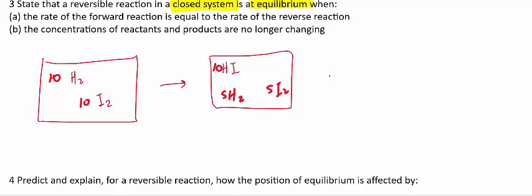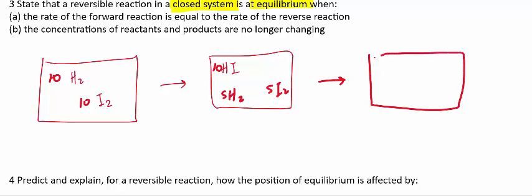Now it might not stay the same. The 10 of it will split again, let's say it becomes 8 hydrogen iodide.